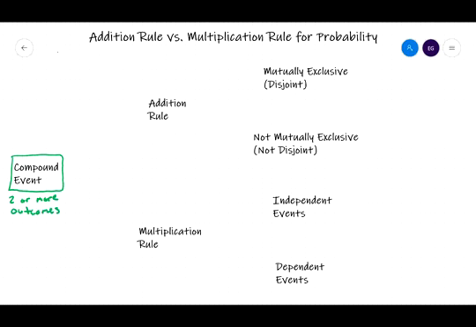Now, whether to use the addition rule for a compound event or the multiplication rule for a compound event depends on whether these two events are happening simultaneously or one after another. And that's really the key. That's the first big decision to make.